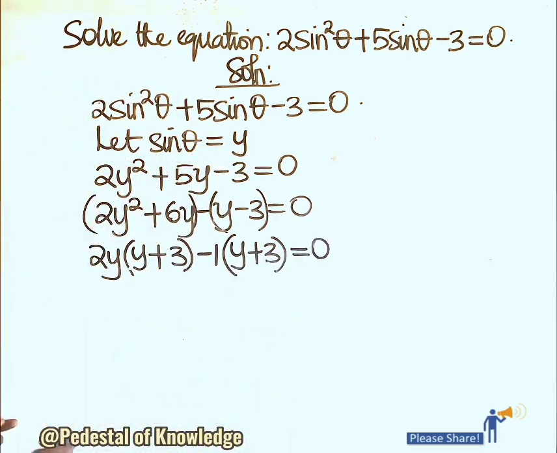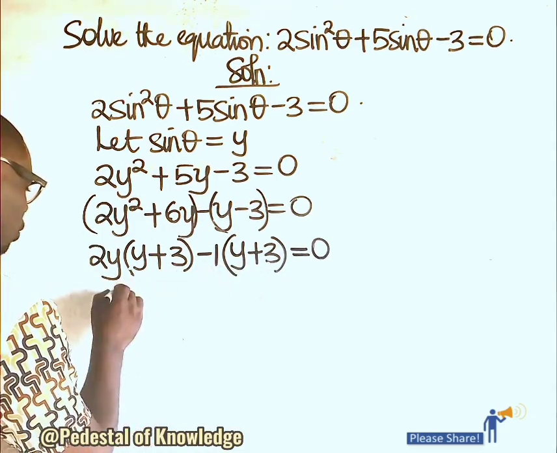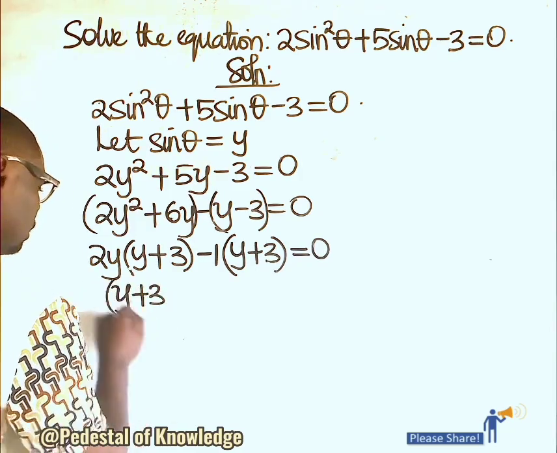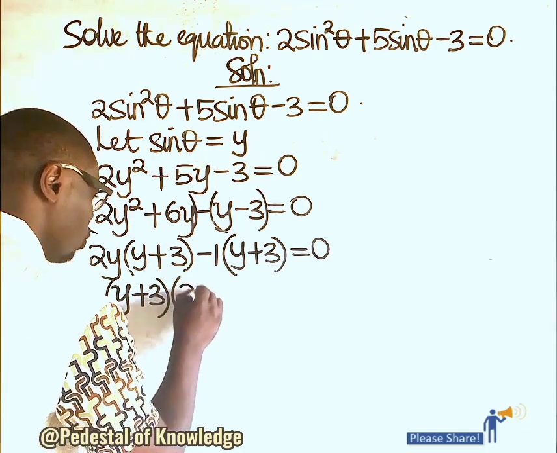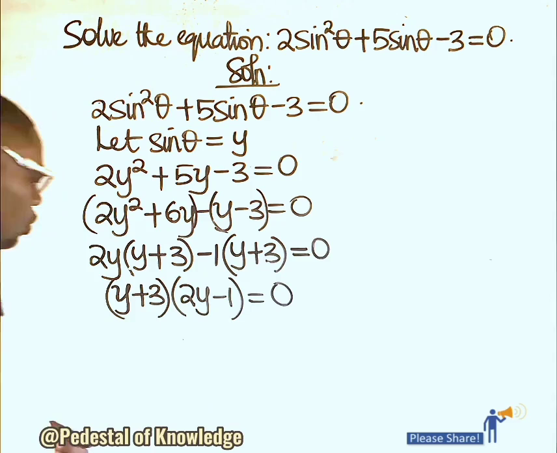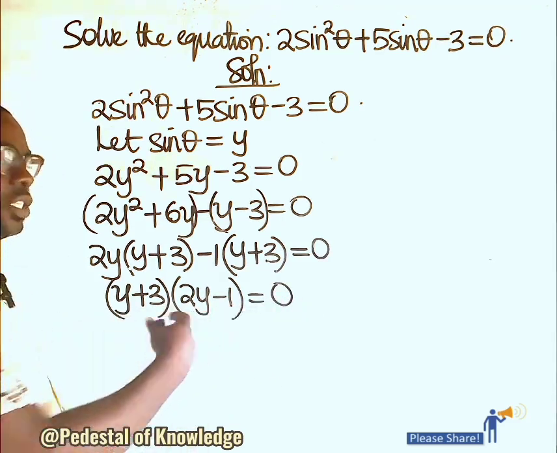All right, now, since the factors inside the bracket are identical, we bring out one of the factors. We have y plus 3 into, then the ones outside the bracket, we have 2y minus 1 is equal to 0. So now, if this times this is equal to 0, it means that each of them is equal to 0.